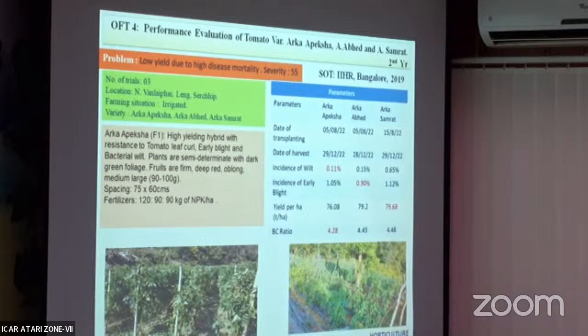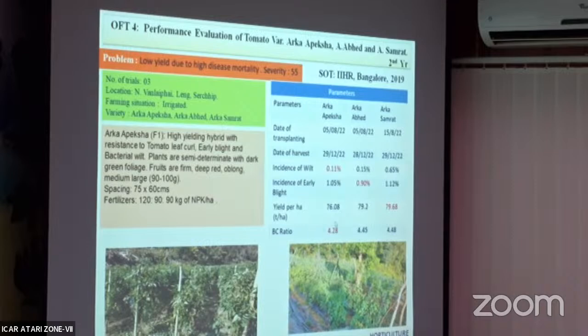And the next one is the performance evaluation of tomato variety Arka Apeksha. This was as per the recommendations during the annual action plan. We have tried Arka Abha and Arka Samrat, so we were asked to take Arka Apeksha as well. That's why we have taken up Arka Apeksha, and these are the parameters that we have observed.